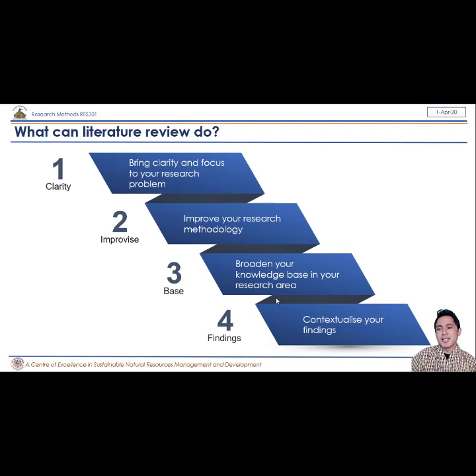So these are three ways that literature review contextualizes our findings. So whether it's contradicting, whether it's quite similar to other studies, or whether it's an addition to the other findings.